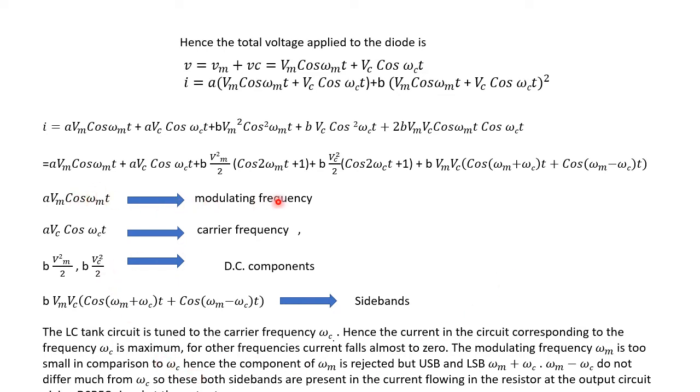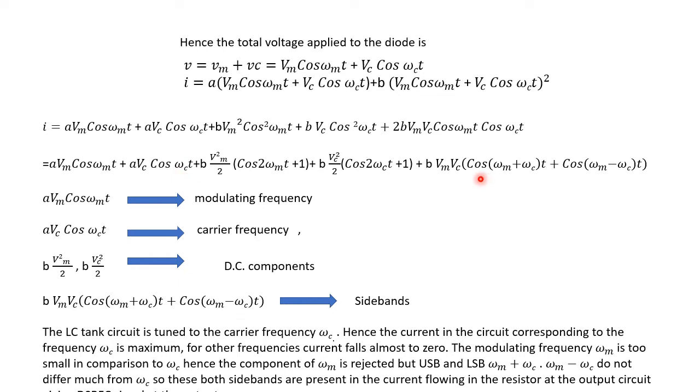These two terms, the modulating frequency term and the DC component, have been discarded at the output circuit. Now what happens to the term omega c? It will be present at the output because the resonant frequency is fixed at omega c.